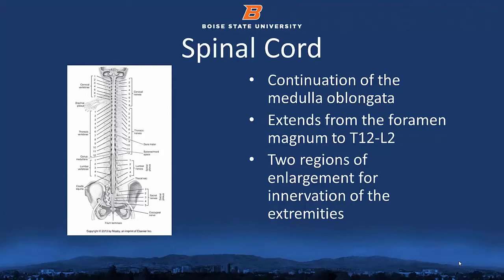It has two enlargements, one up in the cervical area, and then a lumbar enlargement as well, where you have a large number of nerves that come off and innervate your extremities, essentially.